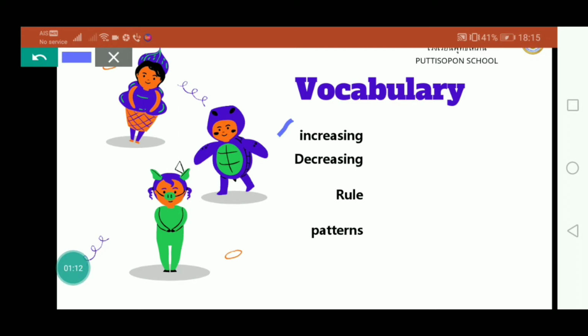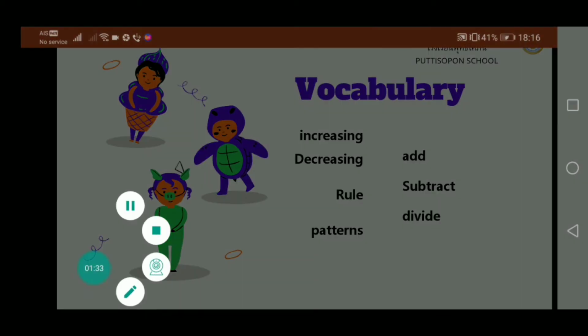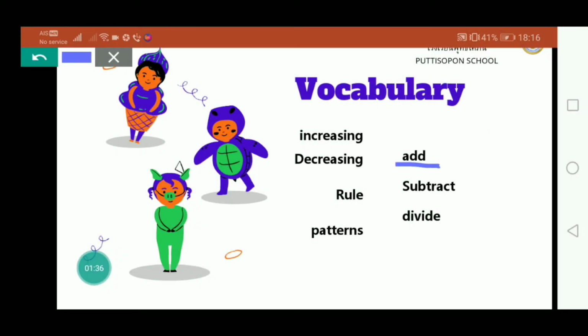Increasing, decreasing, rule, patterns, add, subtract, divide.